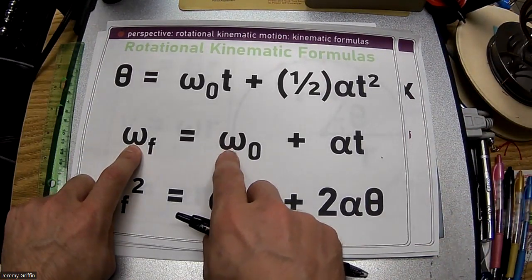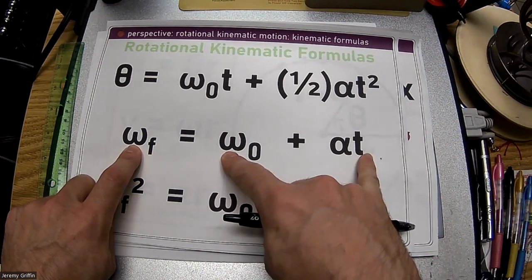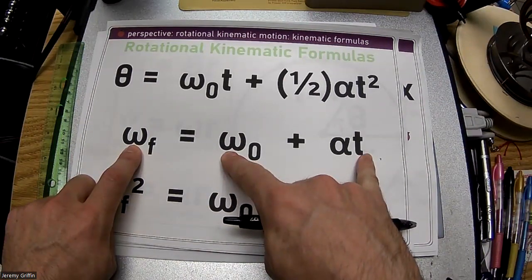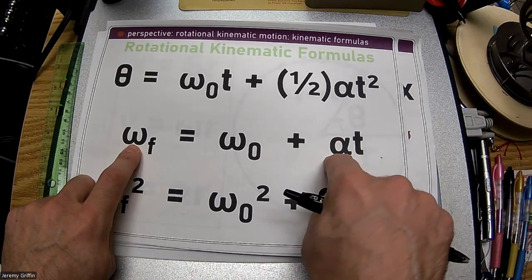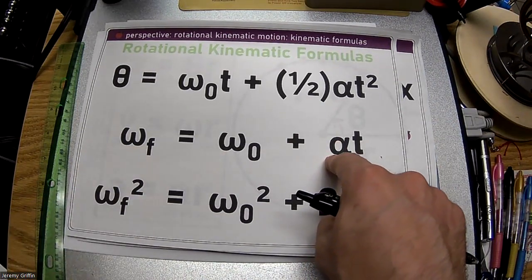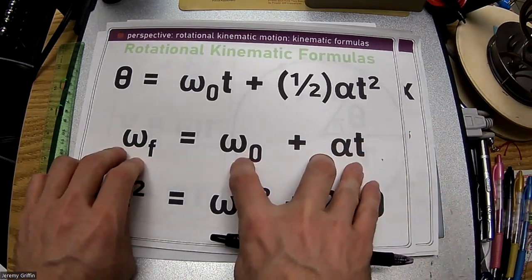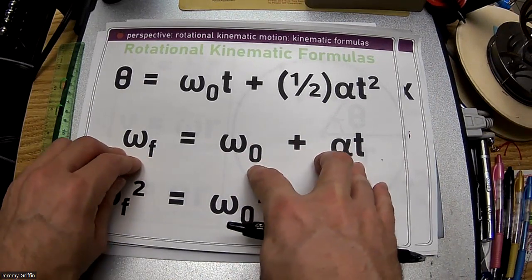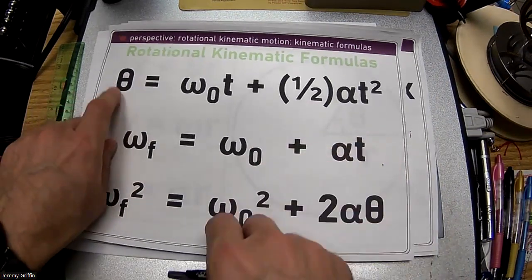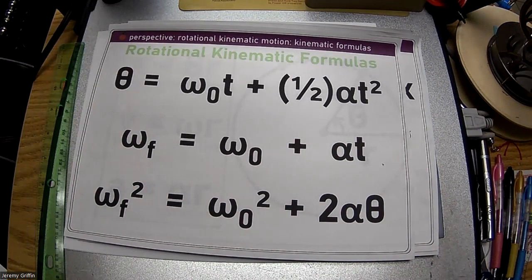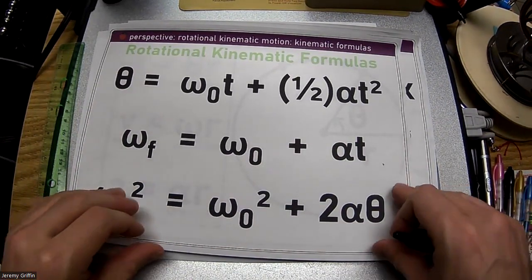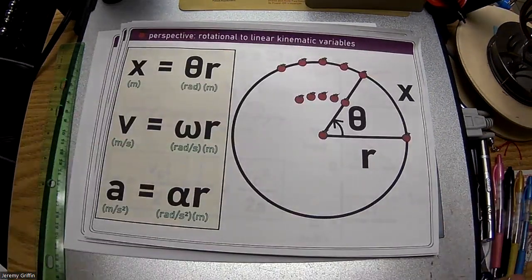I was told how fast it was initially rotating. I was told how long it takes to come to a stop. So I could solve for the rate that it's slowing down. That's alpha. And once you have that, now you know all 4 of these. Now you can figure out, hey, I wonder how far did it turn during the whole process. You see the big picture, how you can navigate that? You've got a forest for the trees view right here of any kinematic question.